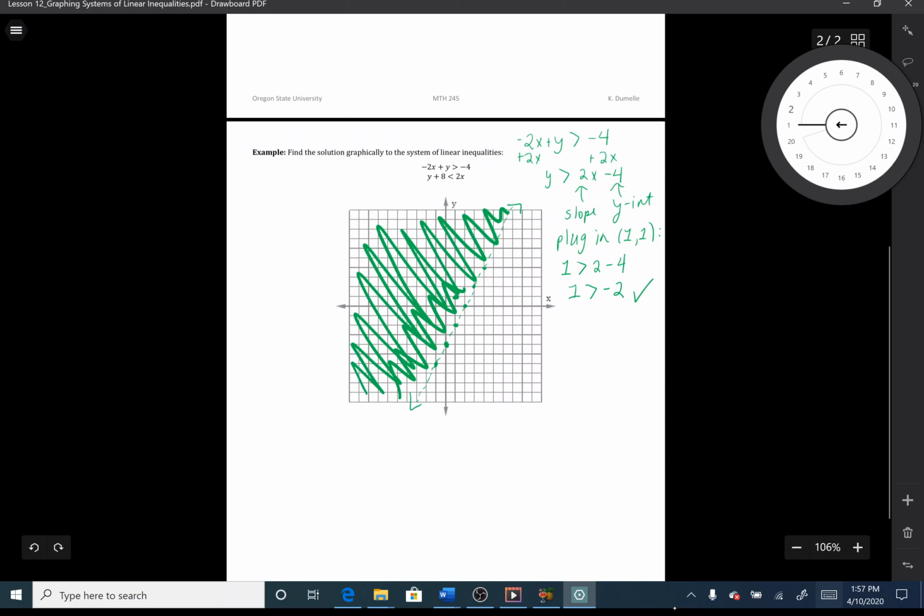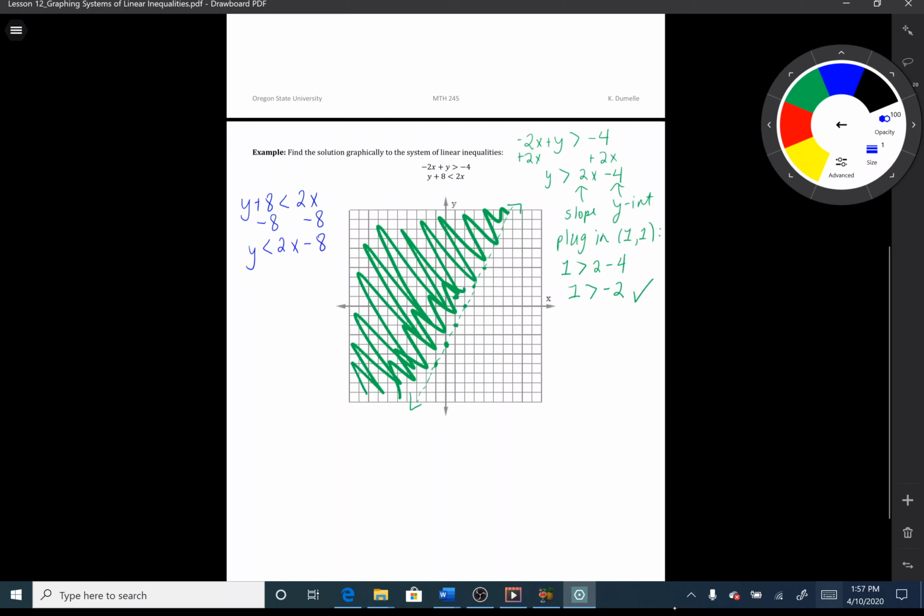That's the first one. And then if I look at the second one, we have y plus 8 is less than 2x. And again, I want the y on one side, so I'm going to subtract 8 from both sides to get y is less than 2x minus 8. So my negative 8 is my y-intercept. And this 2 is my slope.